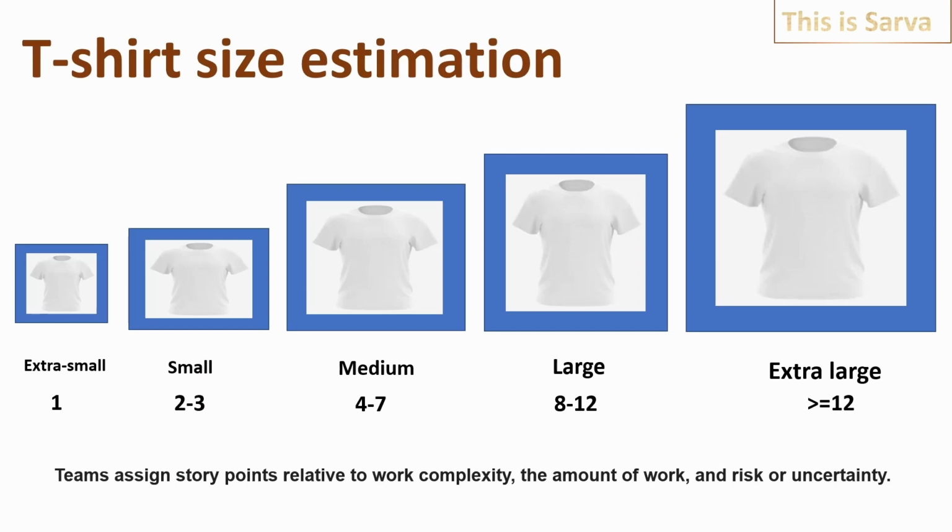So basically, we are assigning some X number of story points for a T-shirt size, and we take it as a base, and then we estimate the other stories. If small is 2 to 3, then medium will be 4 to 7. When the project starts, at the epic level, estimation is done to understand the overall effort that will be needed to complete the project.